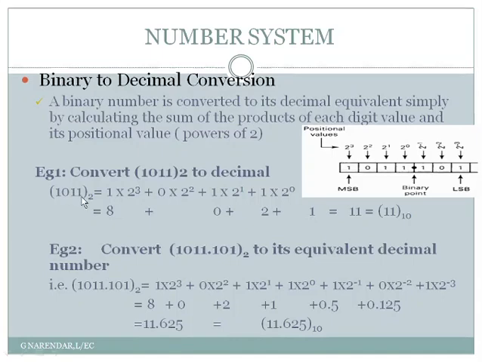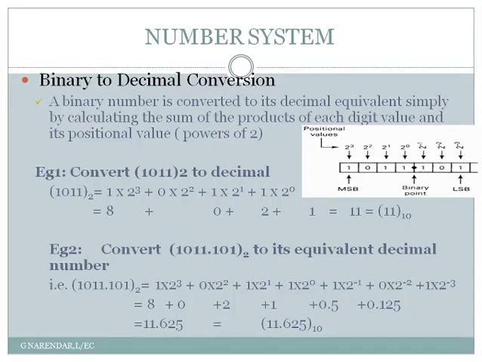Start with the LSB. The LSB digit is 1, and for this position the position value is 2 power 0. Since it is purely an integer binary number, the position value starts from 2 power 0.